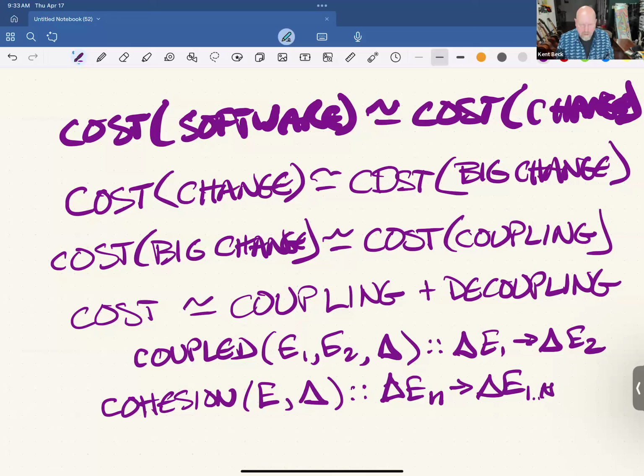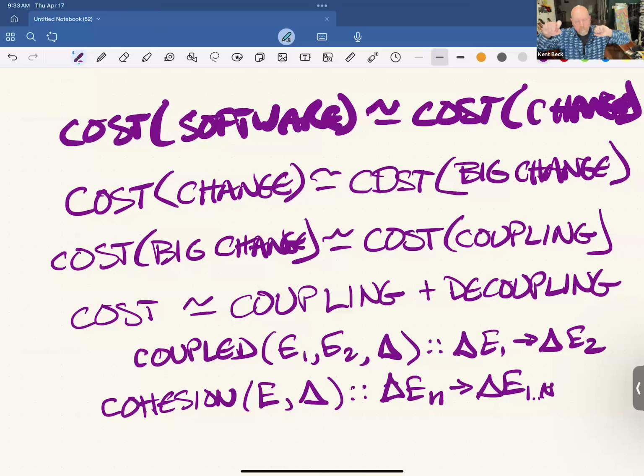So let me get concrete for a second. I have a big function. I need to change two lines in the middle of the function. That function is not cohesive because I have to change those two lines at the same time, but I don't have to change the other 40 lines in the function.